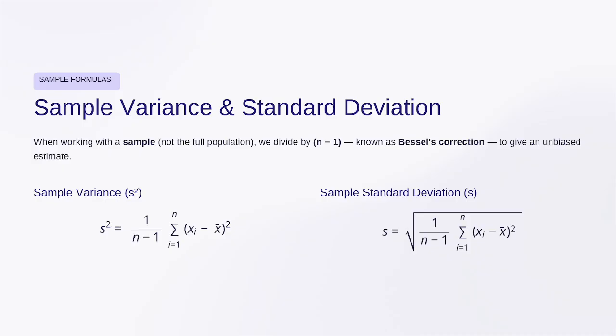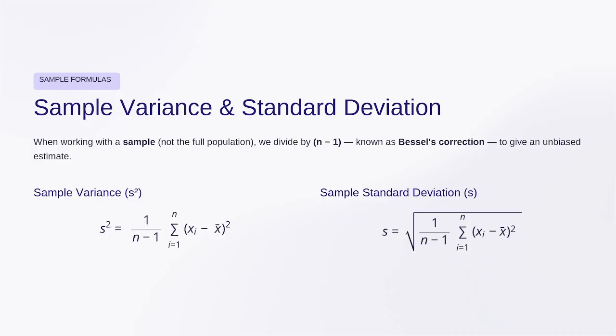So the sample standard deviation s equals square root of 1 by n minus 1 summation i equals 1 to n x i minus x bar whole squared. Now remember the easy trick: for population we divide by capital N, for sample divide by n minus 1.